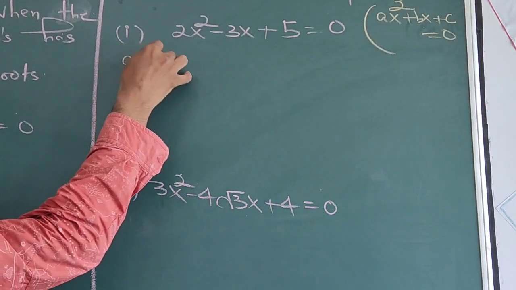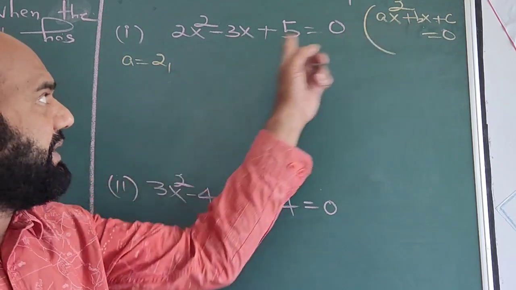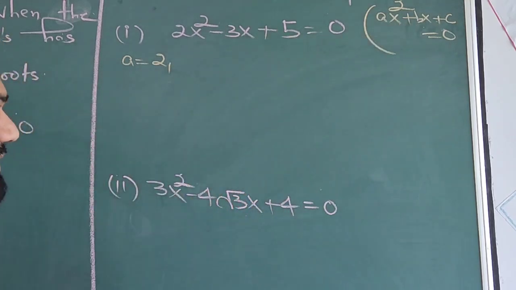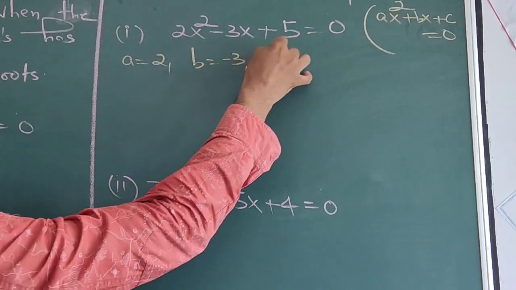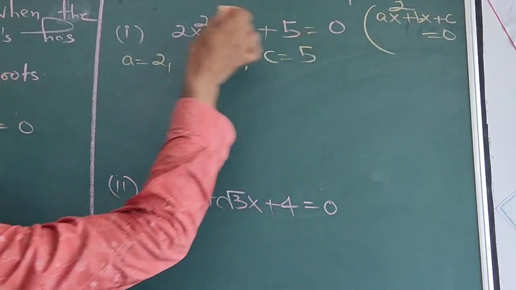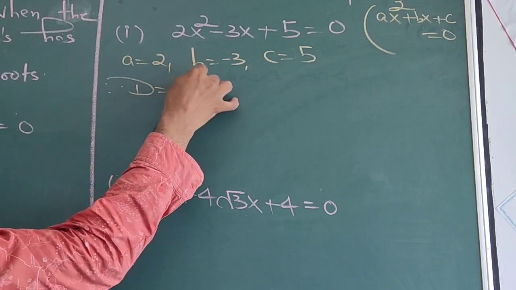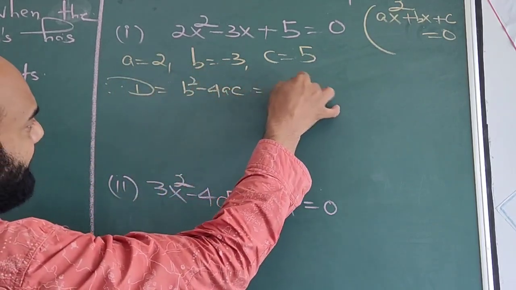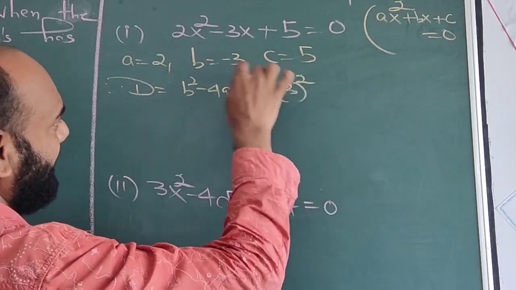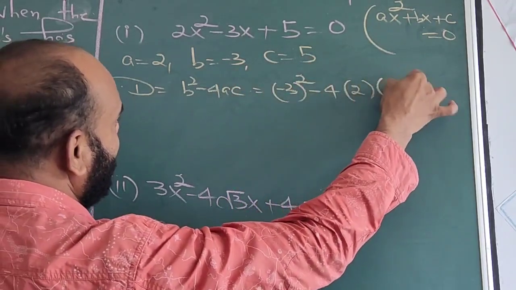Therefore a equal to 2, where a is the coefficient of x square, b is the coefficient of x, and c is the constant term. So a is 2, b is minus 3, and c is 5.